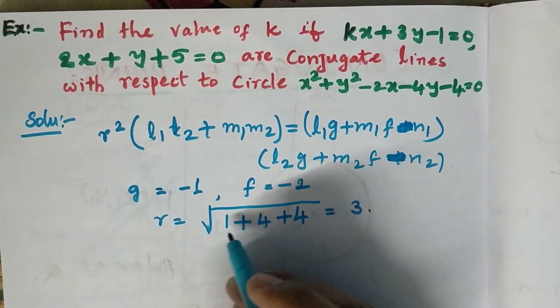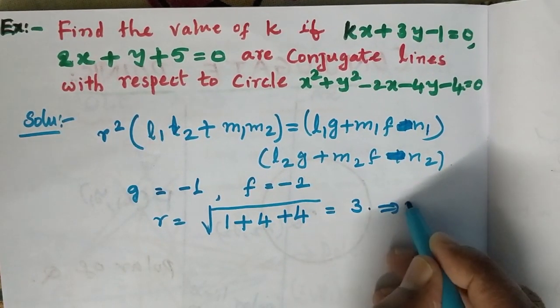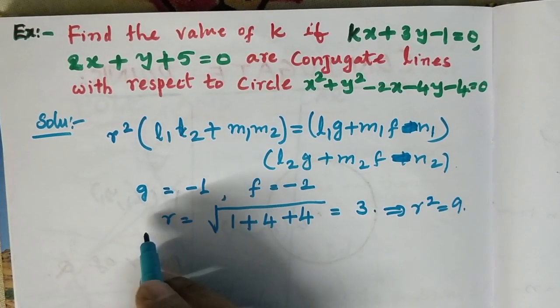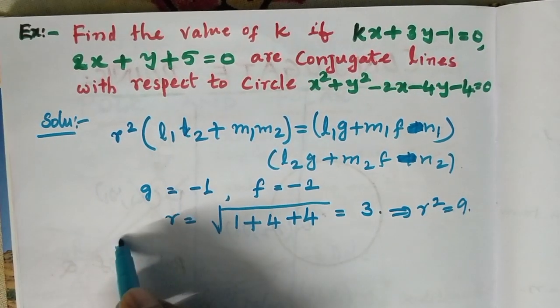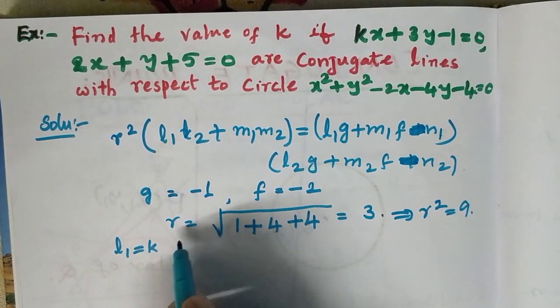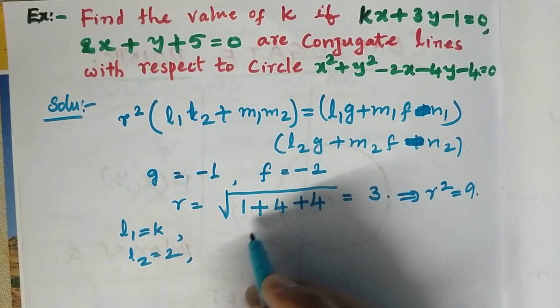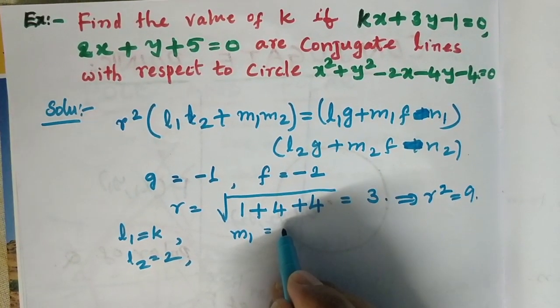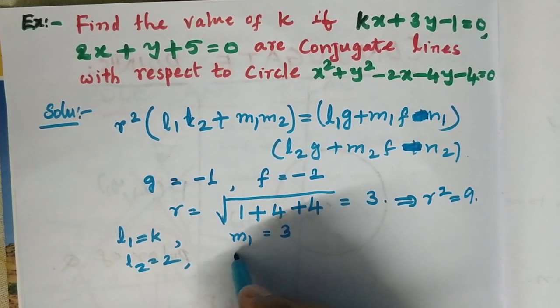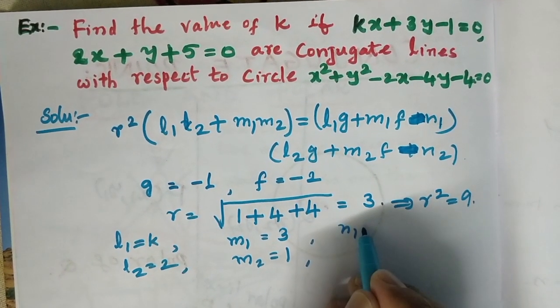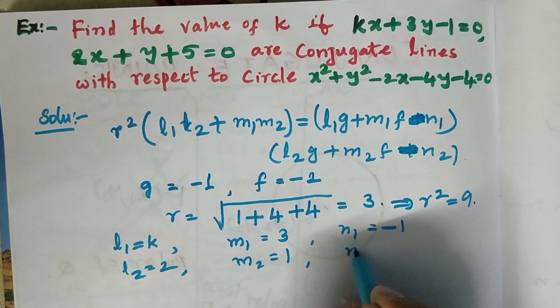And r square is equal to 9, right? And L1 = k, L2 = 2, M1 = 3, M2 = 1, N1 = minus 1, N2 = 5.